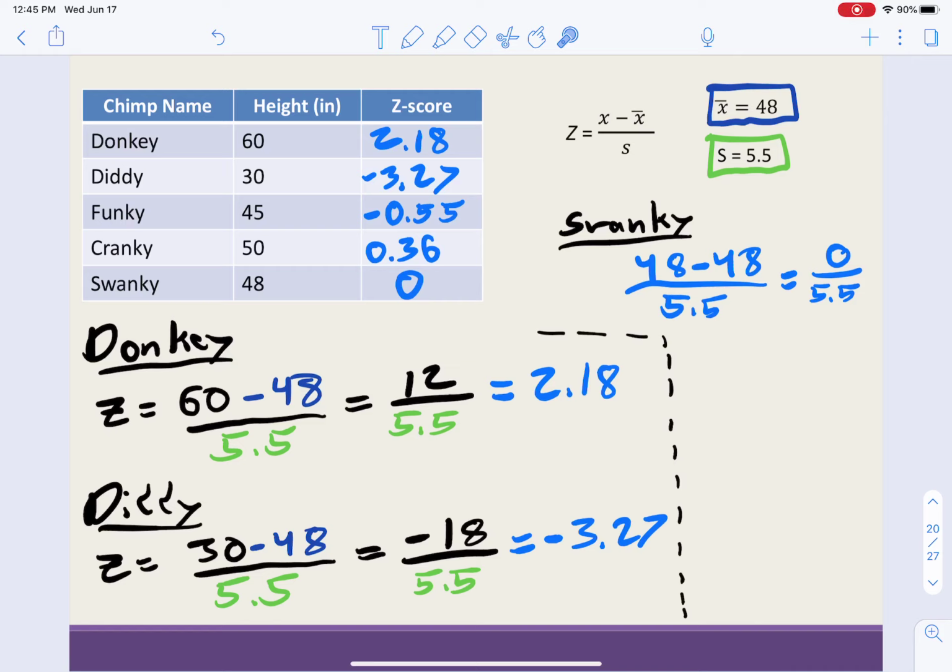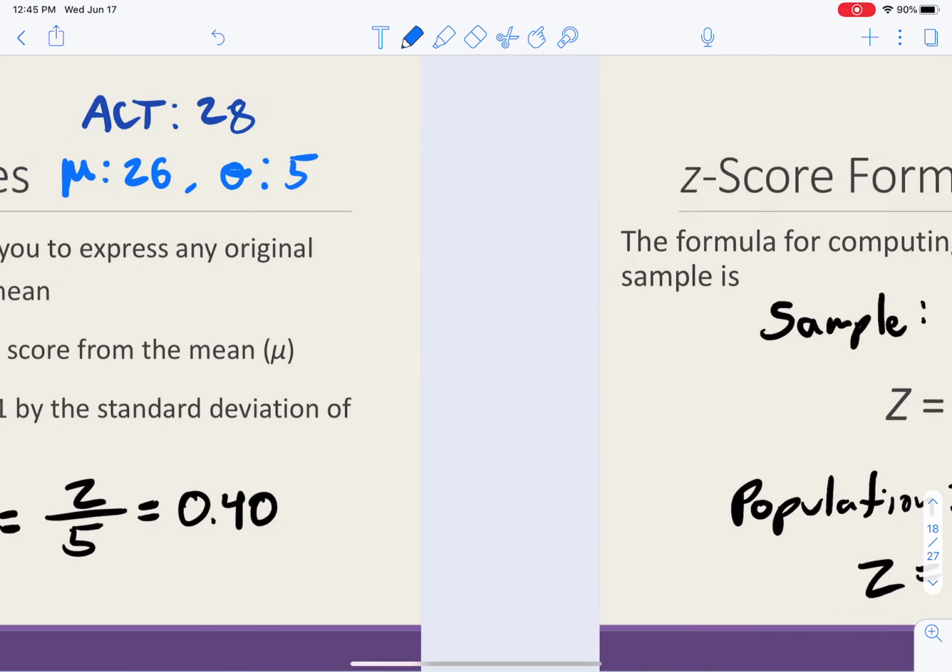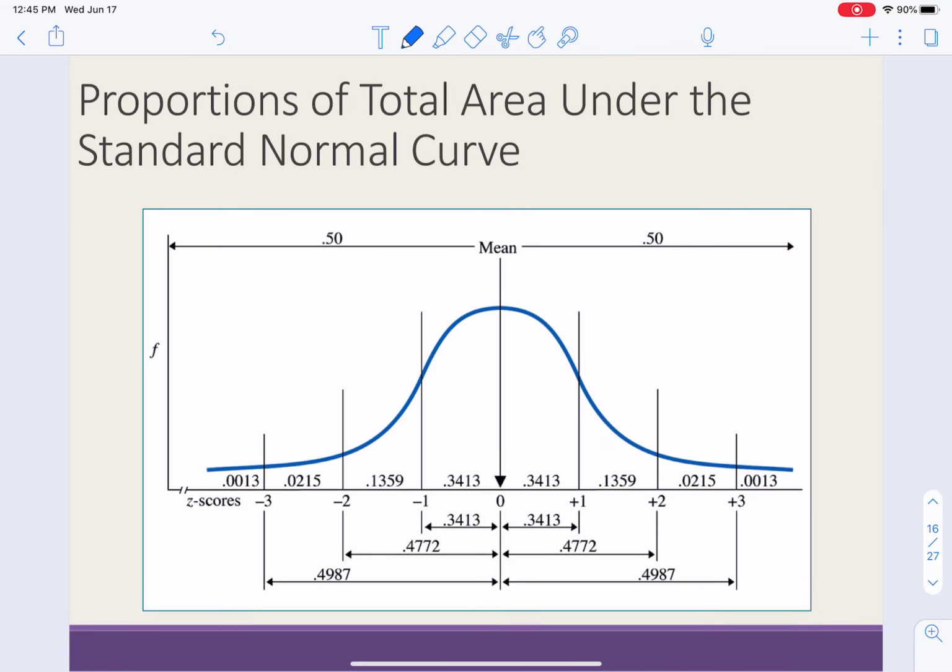one standard deviation, and there will be more info on this in just a second, the data contained within one standard deviation makes up 68% of the data, and I'm basing that on this picture here. We see that within one standard deviation, 0.34 plus 0.34, that makes up 68% of the data.